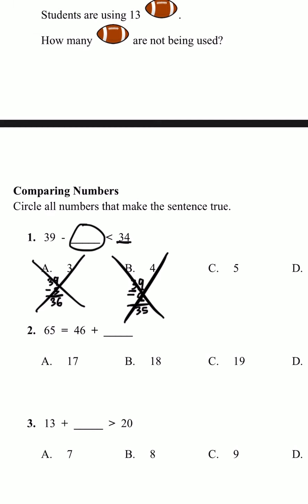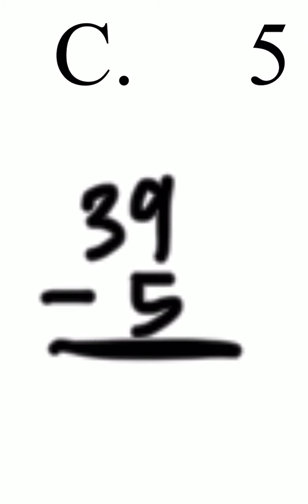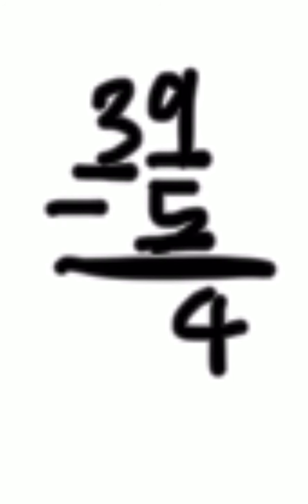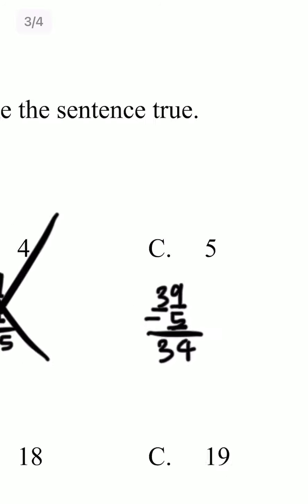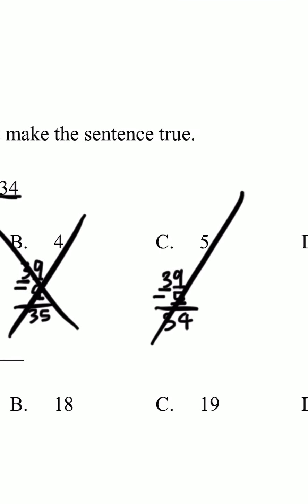Let's look at C. 39 minus 5. 9 minus 5 is 4. 3 minus 0 is 3. But 34 equals 34, and this is not less than 34. So C is also not the answer.